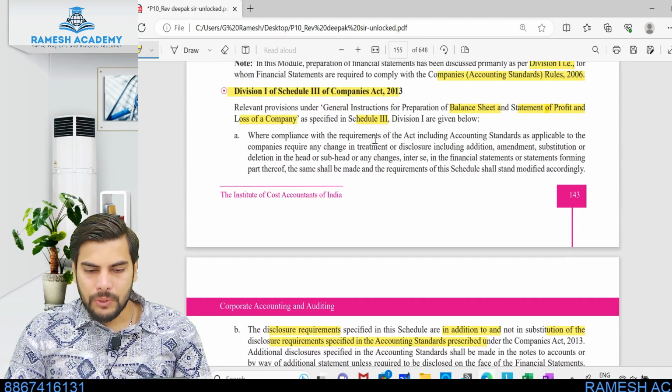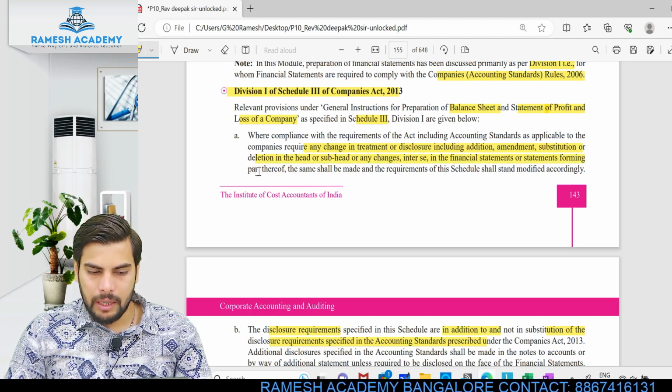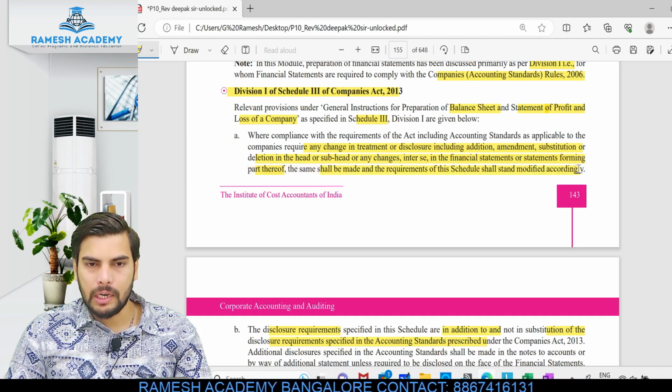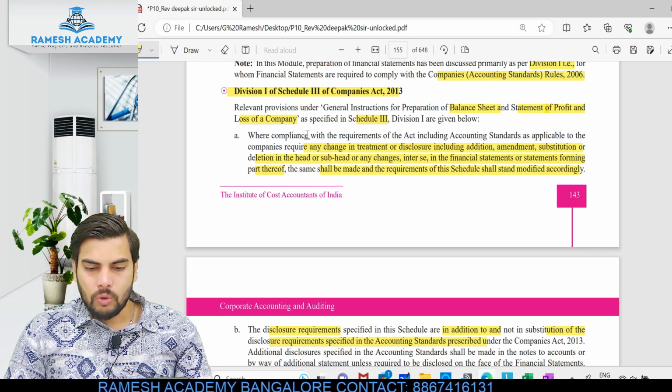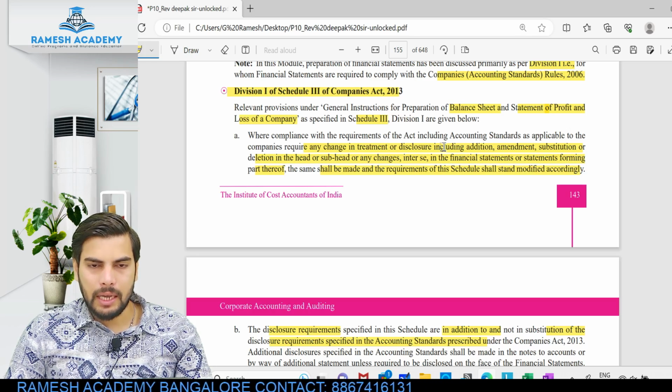Where compliance with the requirement of this act, including accounting standard as applicable to the companies, require any change in treatment or disclosure, including addition, amendment, substitution or deletion in the head or subhead or any changes in the financial statement or statements forming part thereto, the same shall be made, and the requirement of the schedule stand modified accordingly. So what are they telling? So if the act or accounting standard is asking us to make some changes, it has to be allowed.